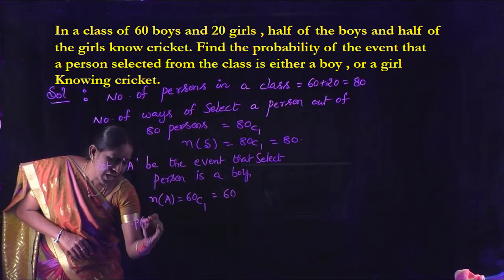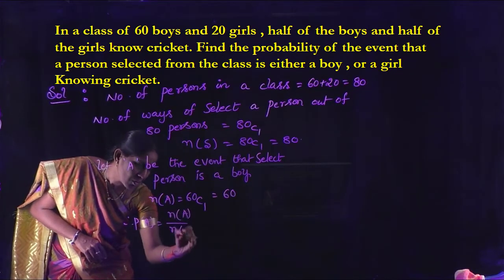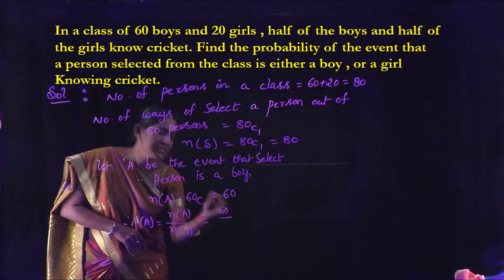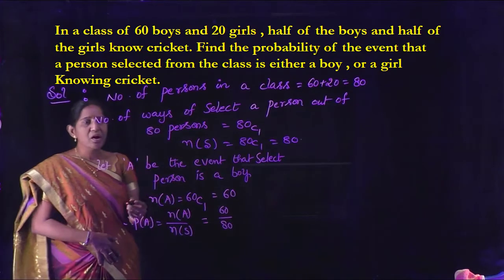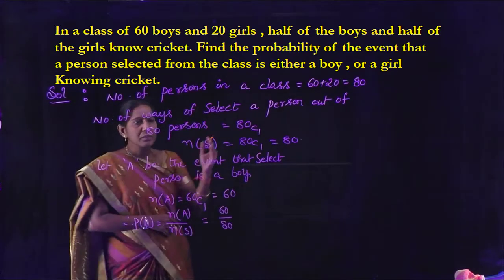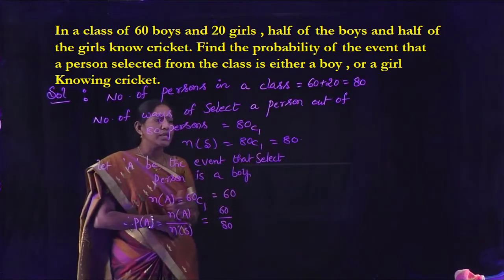Therefore, P of A is, as we already know, N of A by N of S. What is the value of N of A here? 60 by N of S, 80. So, P of A is 60 by 80. And the selected person is either a boy or a girl knowing cricket.